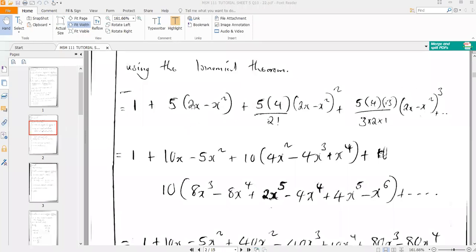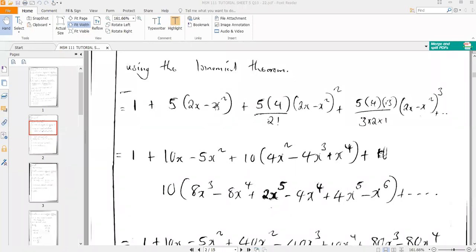So 2x times 4x squared gives 8x to the power 3. Then 2x times negative 4x to the power 3 gives negative 8x to the power 4. Then 2x times x to the power 4 gives positive 2x to the power 5, because the powers will add.